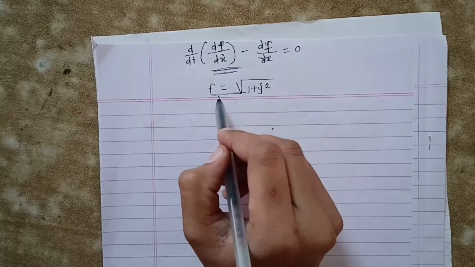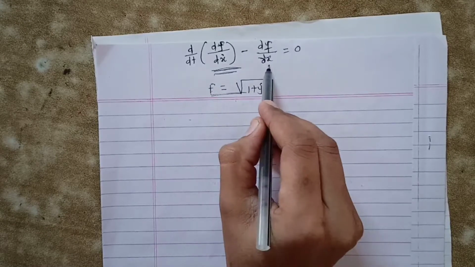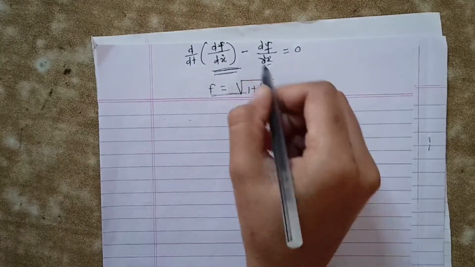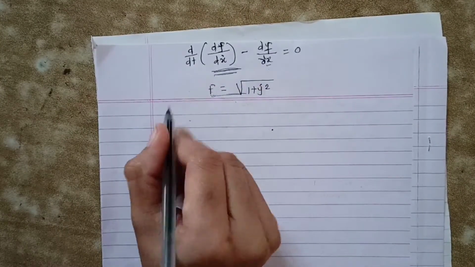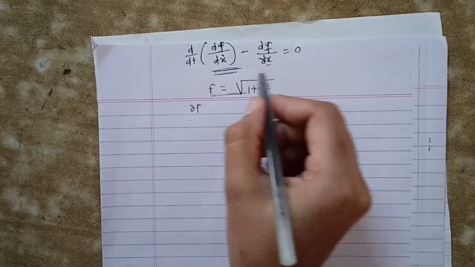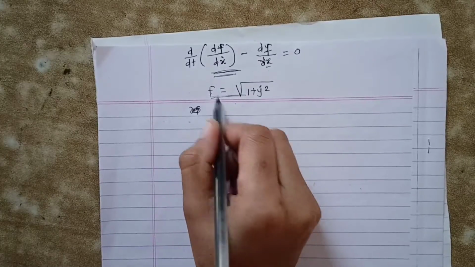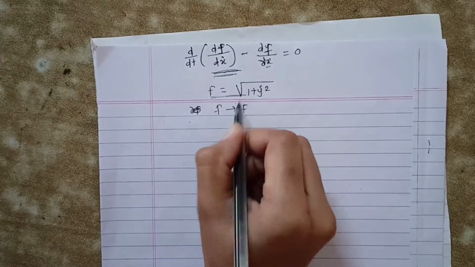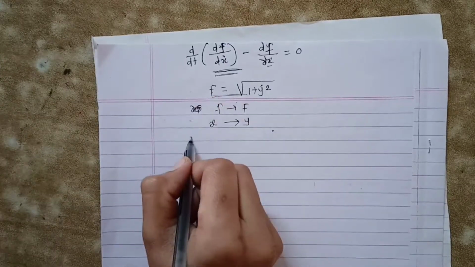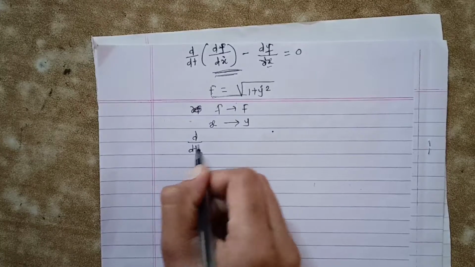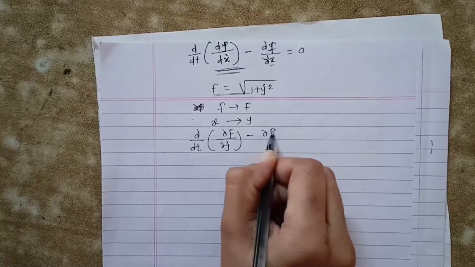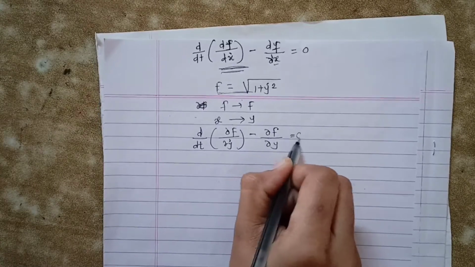So we have to take the derivative of f with respect to y dot and the derivative of f with respect to y. Here f is the function, and x is the independent variable, so we write the Euler-Lagrange equation, that is, d by dx of del f by del y dot minus del f by del y, which is equal to 0.